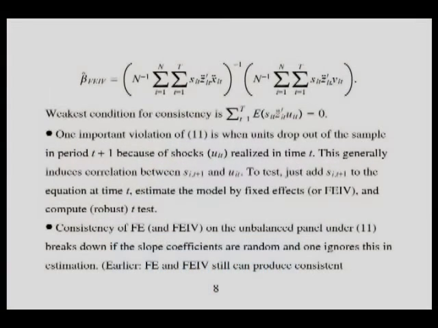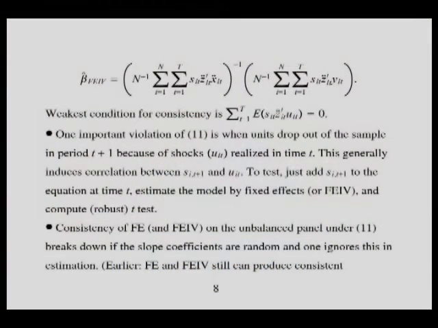So in this notation, T_i here is properly considered a random variable, right? It's the number of time periods we observe for unit i. And since we're allowing selection to be random in any time period, the number of times any unit is in the sample is random. So if you make these definitions, then you can write down the so-called fixed effects IV estimator in this form.